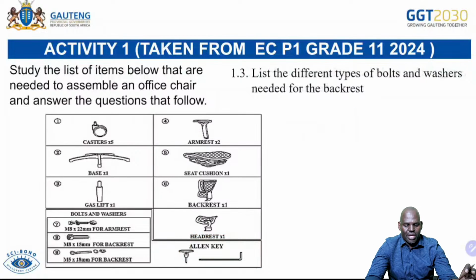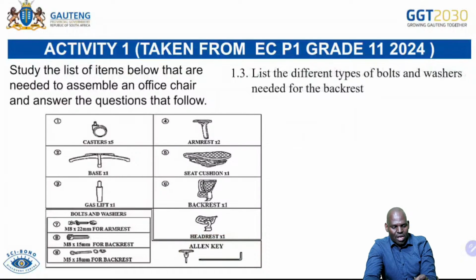And then number 1.3: list the different types of bolts and washers needed for the backrest. If we look at this, you can see that we've got bolts and washers. It's number 7, 8, 9.